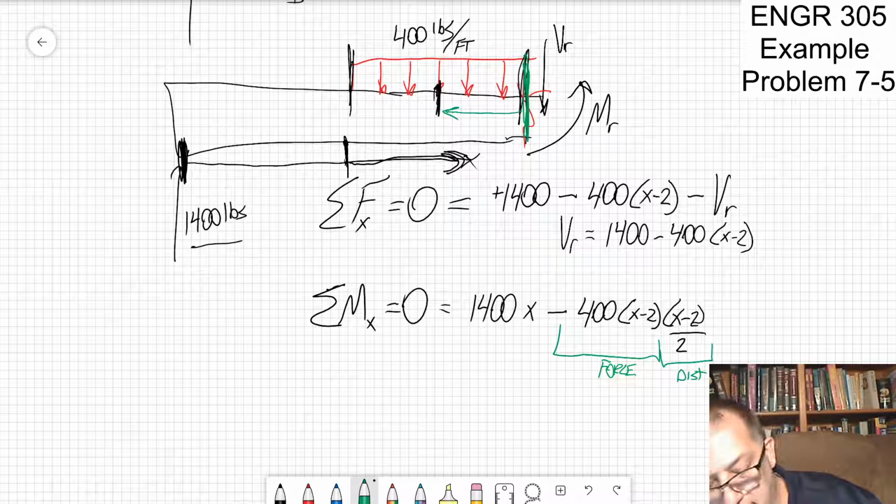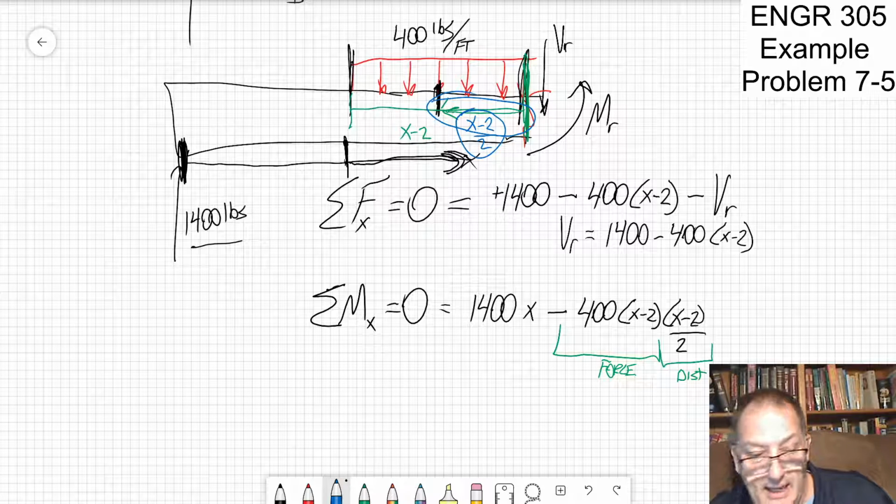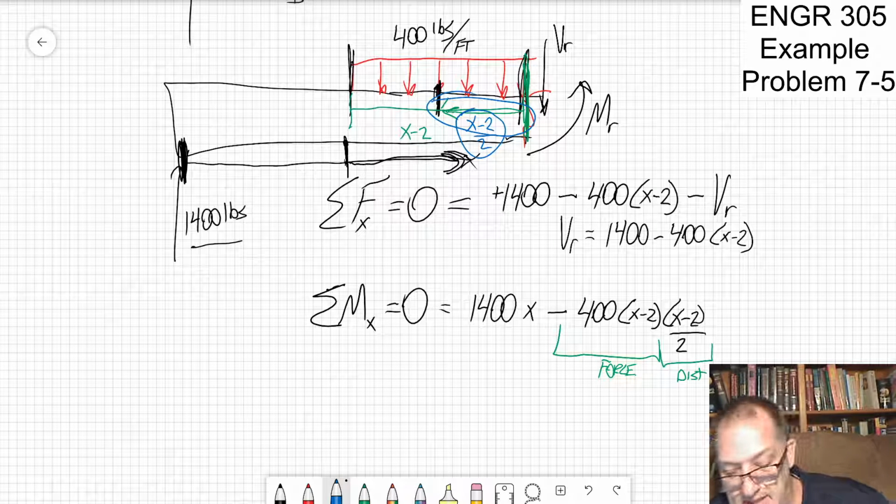And so the distance all the way back to here would be x minus 2. And so this distance here is x minus 2 over 2. I remember. It's been a while. And I want to make sure that explanation is pretty clear.